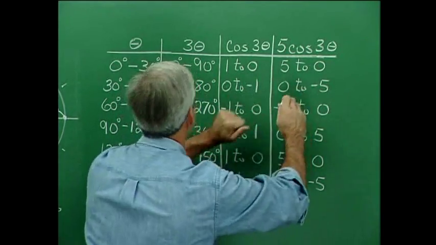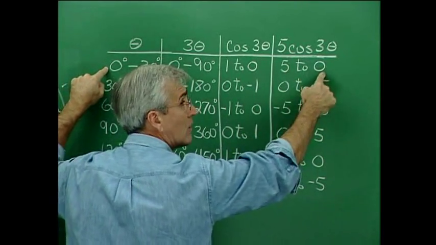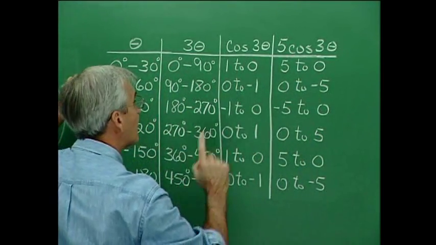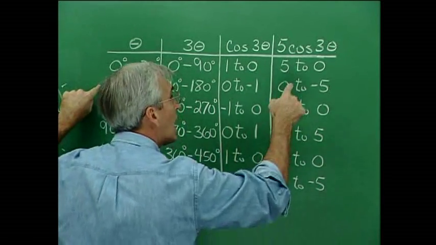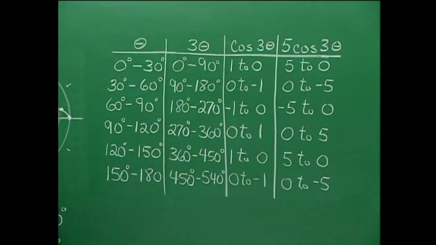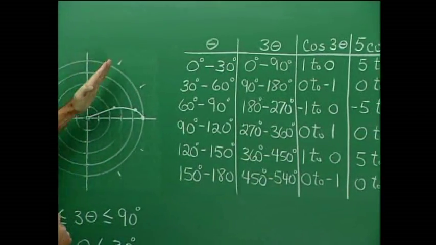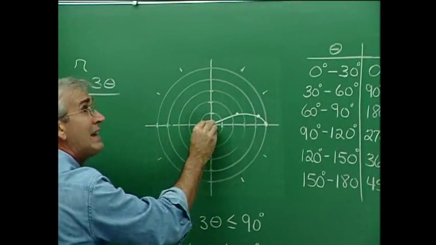All right, now notice that 0 to 30 degrees, we're going from a distance of 5 to 0. We've already constructed that part of the graph. Now, 30 degrees to 60 degrees, we go a distance of 0 to negative 5. So here's what's happening. 30 degrees to 60 degrees, the graph is going from 0 to negative 5.